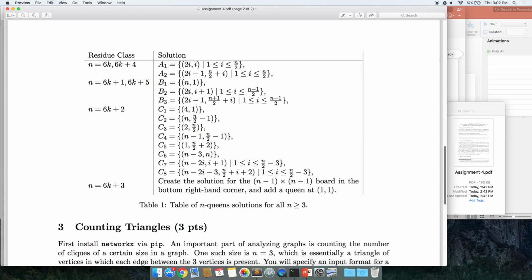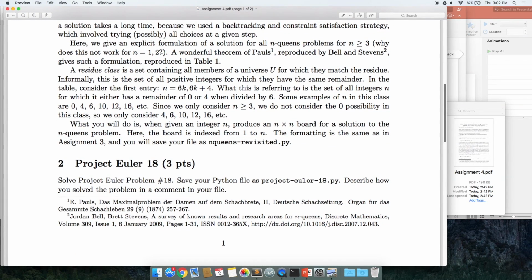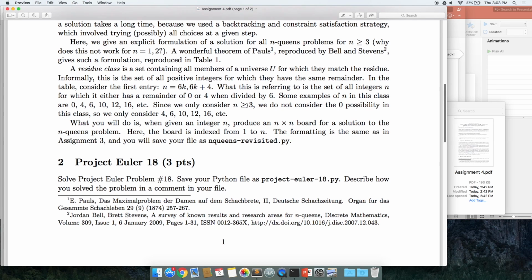Basically you'll be implementing the results of the paper and then seeing what the queen results look like. On input of this integer n, I want you to output a valid grid. Okay, pretty simple. I have the table there. Should be pretty easy to implement.